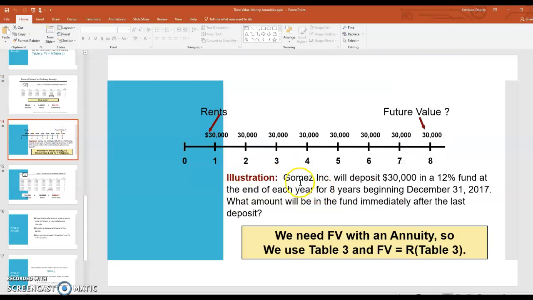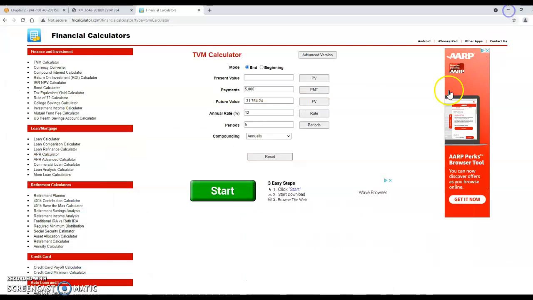In our next example, Gomez will deposit $30,000 in a 12% fund at the end of each year for 8 years. Okay, and again, they want to know what is the future value. So we have our payments, our $30,000, that's our rents, and that was 12% and 8 years.